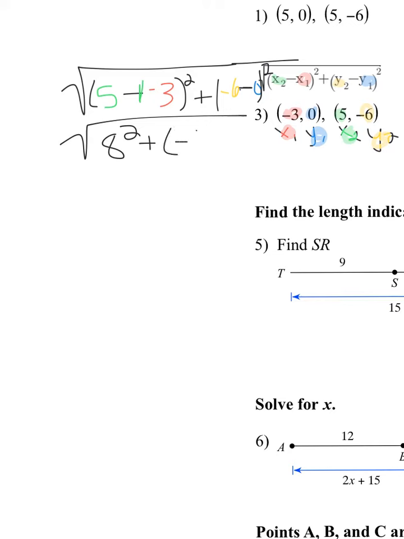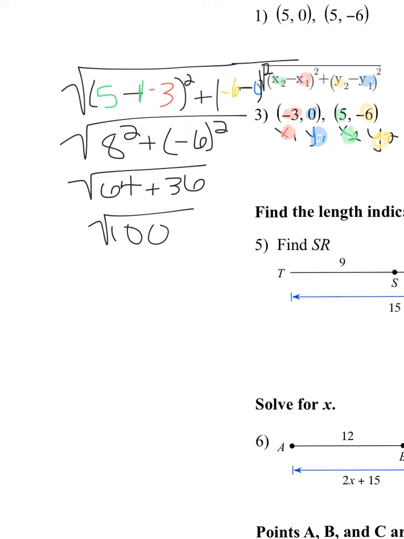I'm going to leave that negative 6 inside the parentheses so I remember to square the whole value. 8 squared is 64, and negative 6 squared is 36. 64 plus 36 is 100, and the square root of 100 is 10, so my distance is 10.